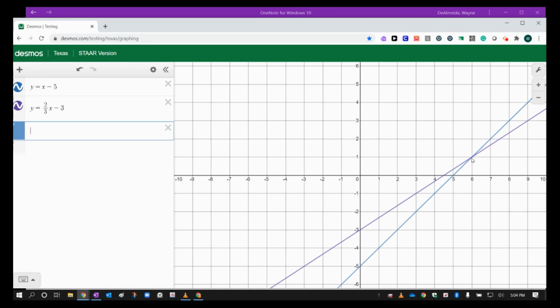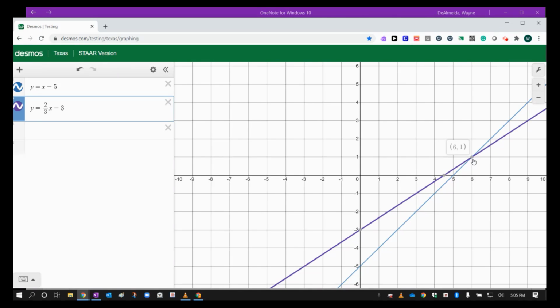We see the two lines cross right here at this point: 1, 2, 3, 4, 5, 6, comma 1. If you click on the equation, you see that the line will be highlighted. And if you have one of the lines clicked, you can move the mouse over here, and the calculator will show you exactly what that point is, which confirms what we found, which is 6, 1.